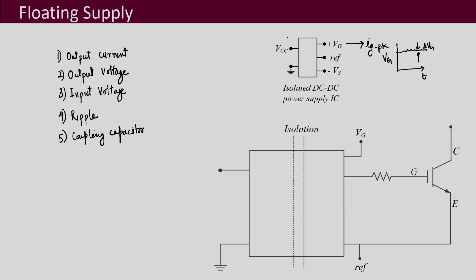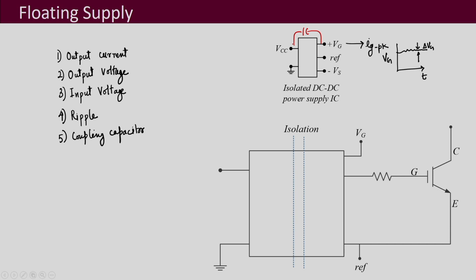Now, what happens is that you have a coupling between the input and the output. Okay. Now, this is your coupling capacitor. Now, this is a parasitic, it is unwanted, but it is there, you can't really 100% get rid of it, but it should be as low as possible. And this is a problem, and it leads to a lot of common mode currents and interferences.